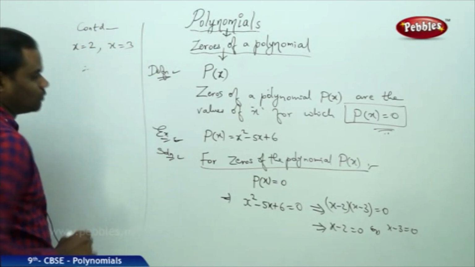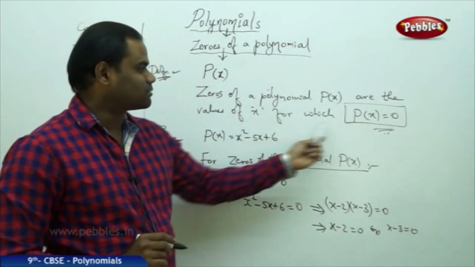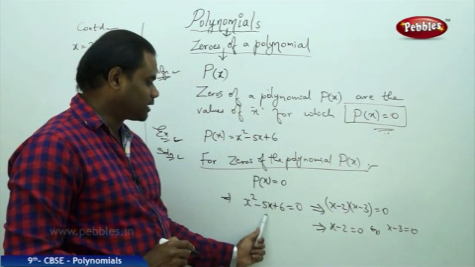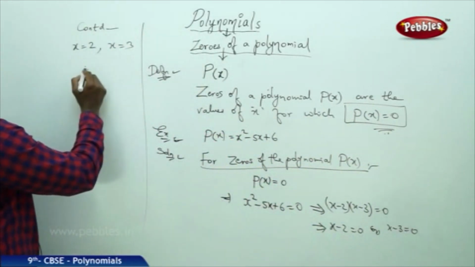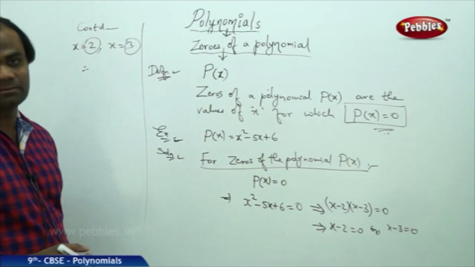Therefore, taking p of x equal to 0 with the given expression, I get the two values of x, 2 and 3, which are the zeros of the given polynomial p of x.